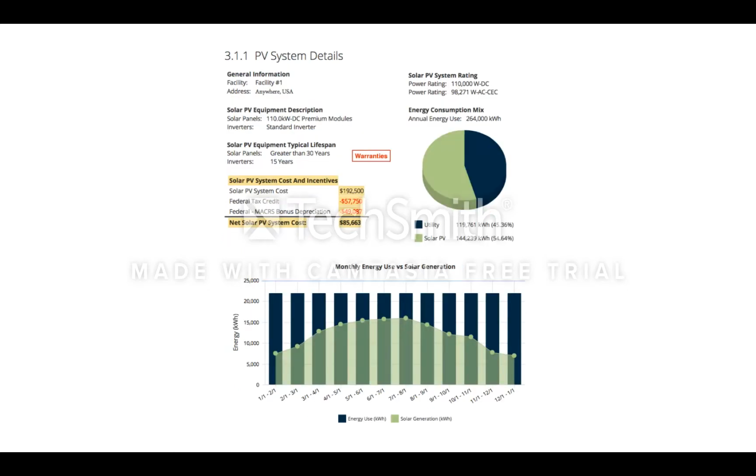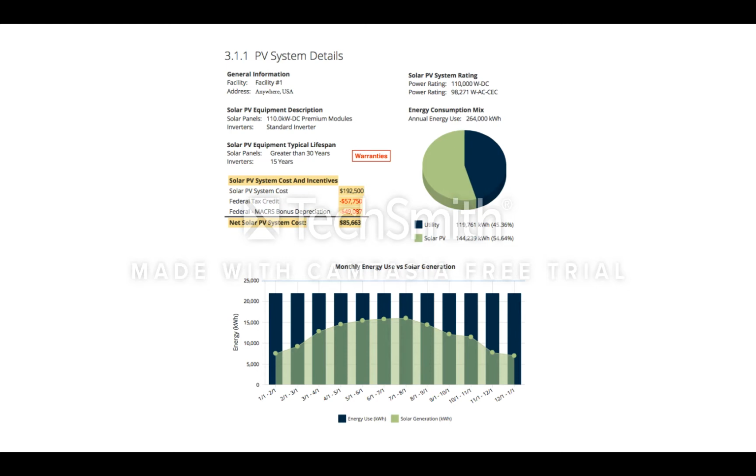This next slide is details about the solar technology system itself, how much production is going to be generated. So the green on that bottom chart, that shows what a 110 kilowatt system, how much energy that will produce. So it's pretty significant for this example that we were able to offset almost half of the energy uses on that estimate.